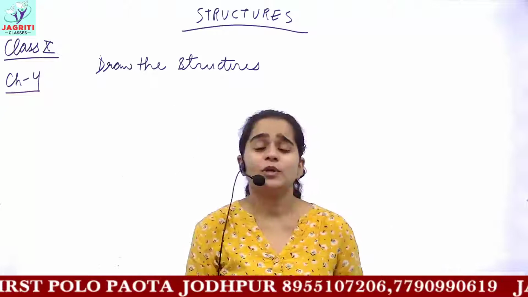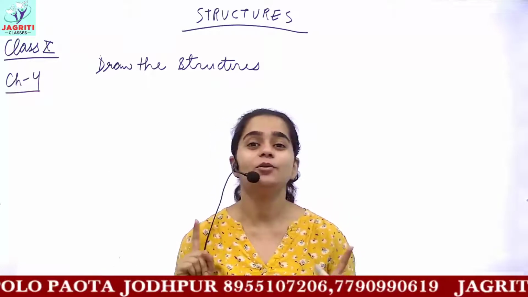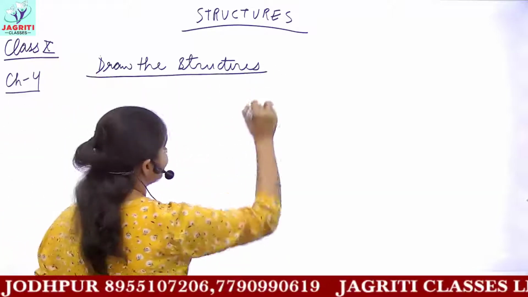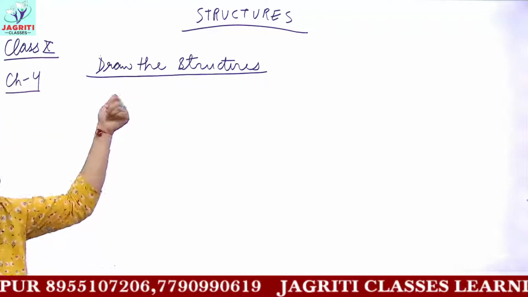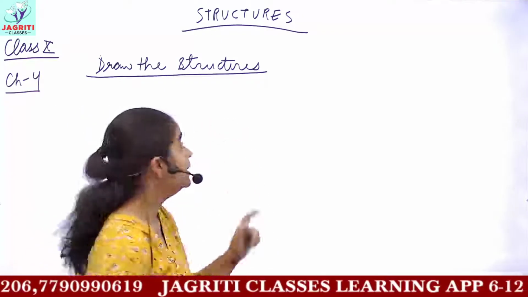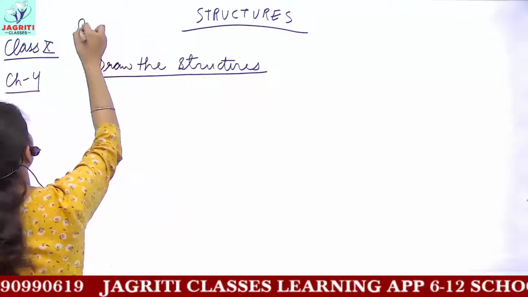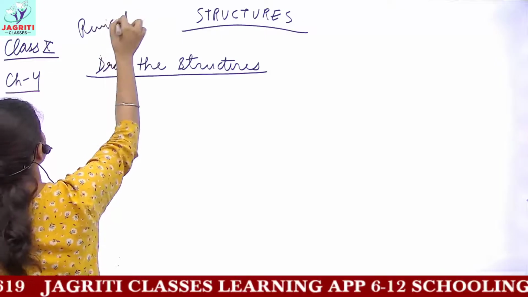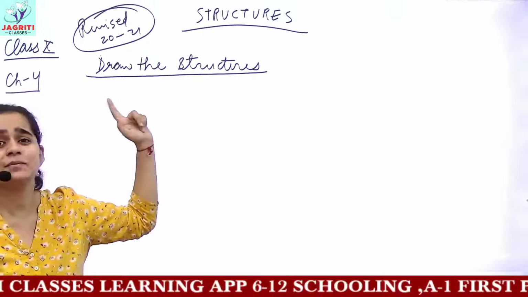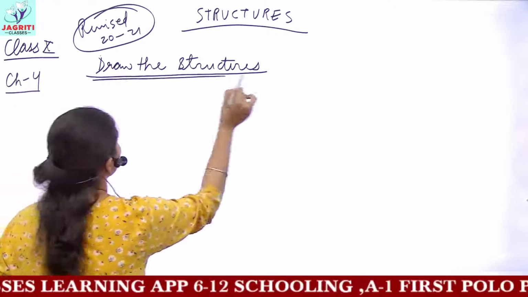Only the part which is nomenclature of carbon compounds is cancelled. So please do not be confused and do not omit this topic. This would definitely be asked in your exams. This is not omitted. I am repeating it again. This is all according to your revised 2021 syllabus, and this topic is of immense importance. So do not skip the topic.